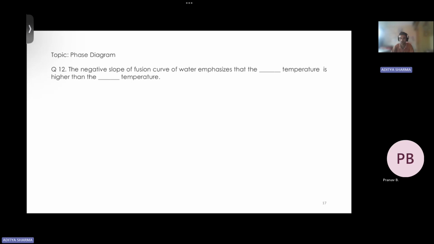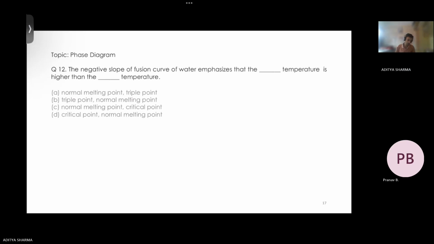So moving on to the next question. The negative slope of the fusion curve of water emphasizes that, yes, which temperature will be higher in comparison to which temperature?